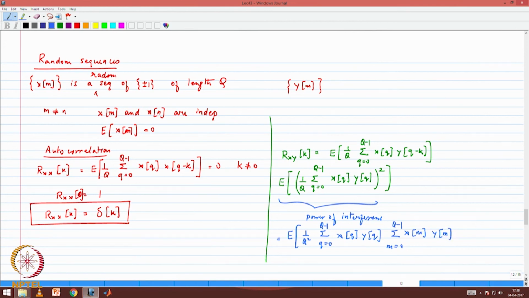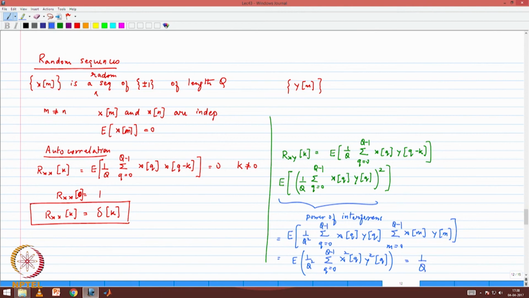Basically if q and m are not the same, this expression will go to 0, and if they are the same, you will get the expected value of 1 by Q squared summation q equal to 0 through Q minus 1 x squared of q y squared of q. Okay, x squared of q will become plus 1, y squared of q becomes plus 1. So this value becomes 1 by Q.